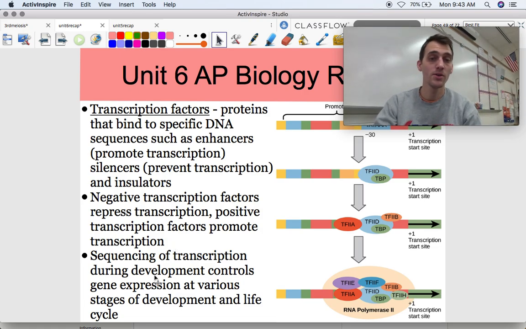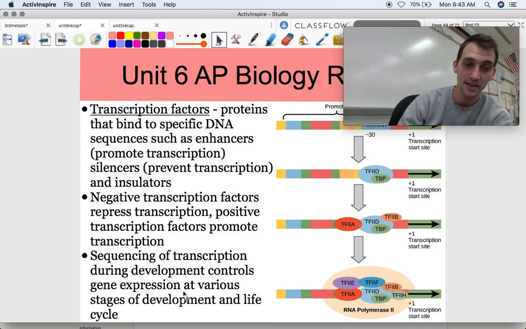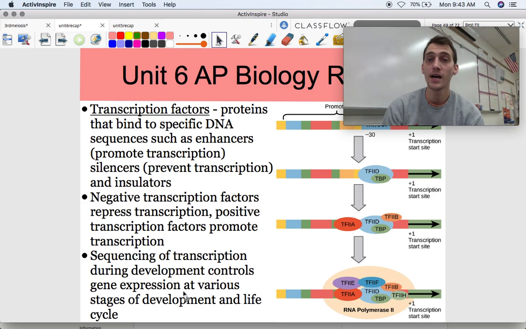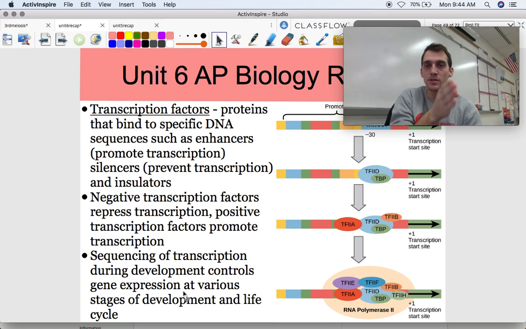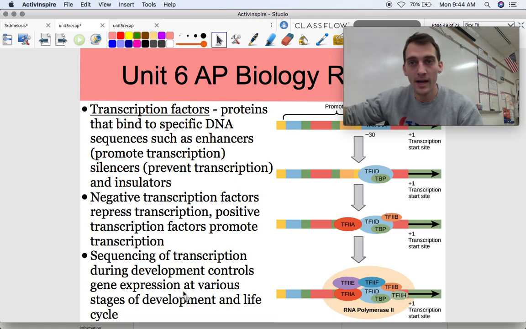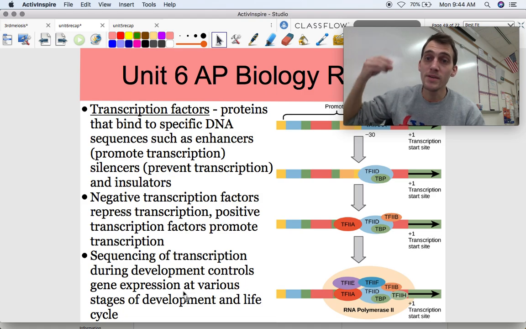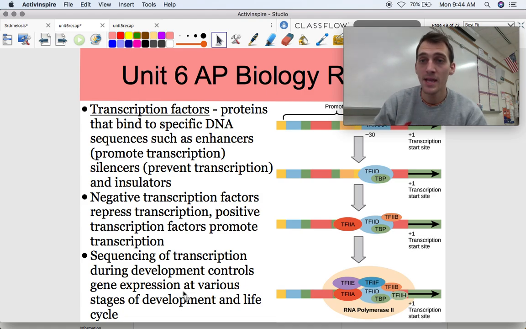Sequencing of transcription during development controls gene expression at various stages of development and life cycles, right? So as a person, let's just use a human for example, grows from being a baby to a toddler to a child to a teenager, right? They're going to be expressing different genes at different times as well. And transcription factors are these proteins that are going to be saying, hey, you express this gene now and you stop expressing this gene later.